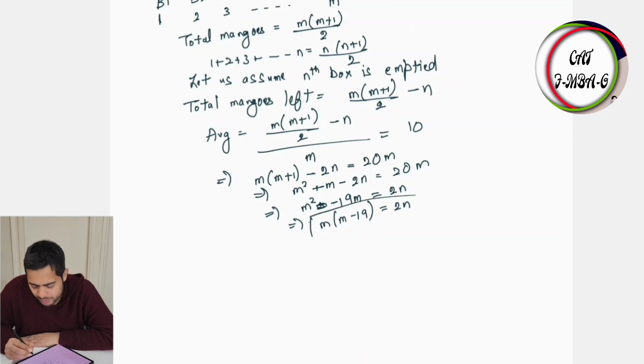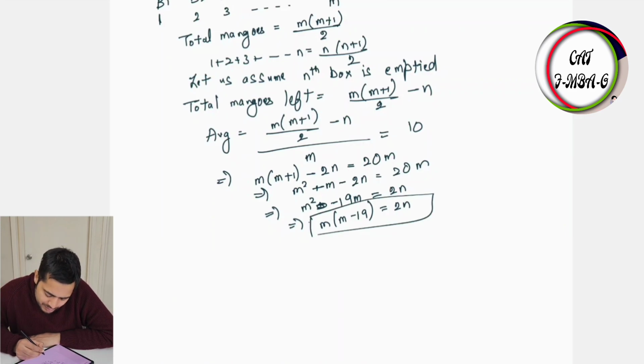Now the thing to remember is, here it is said that the nth box is emptied. So obviously n cannot be greater than m. N should be less than or equal to m maximum. Other thing is m should be greater than 19.